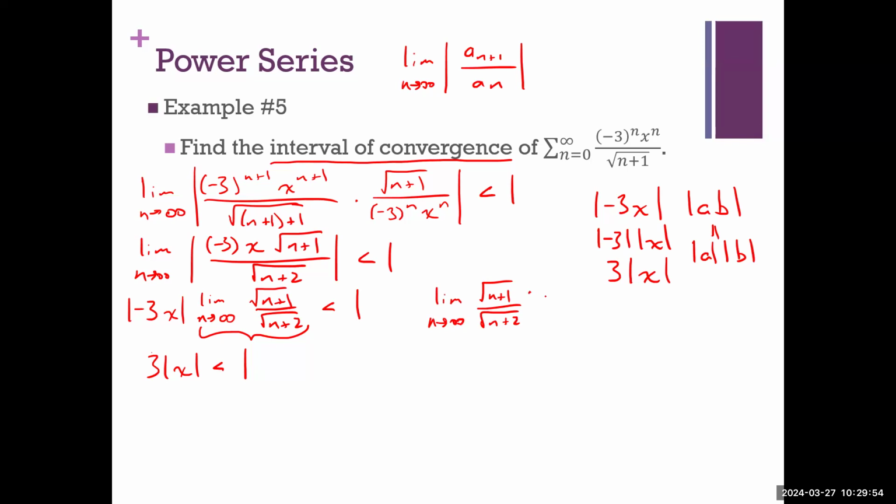I can multiply both of these by radical 1 over n. What does that give me? It should give me radical 1 plus 1 over n over radical 1 plus 2 over n.